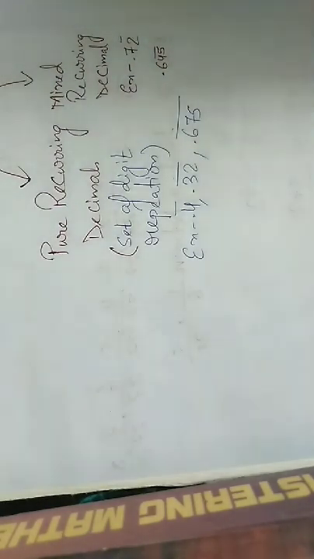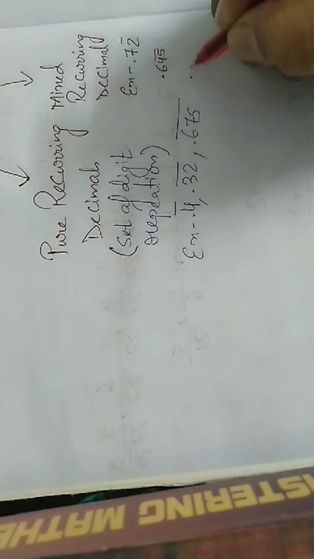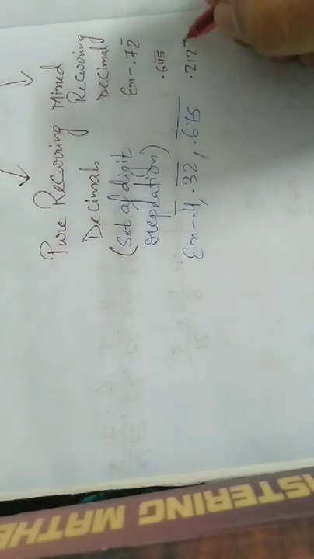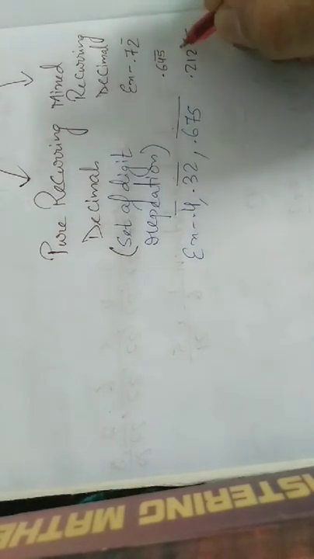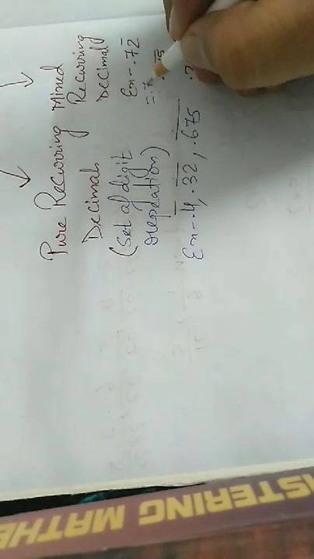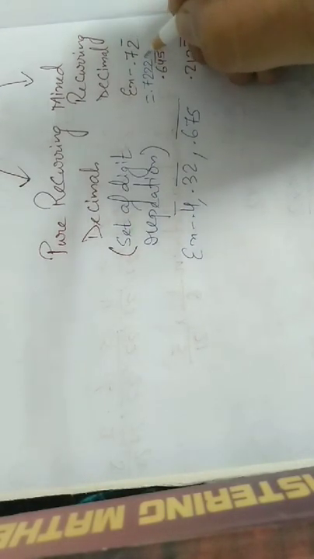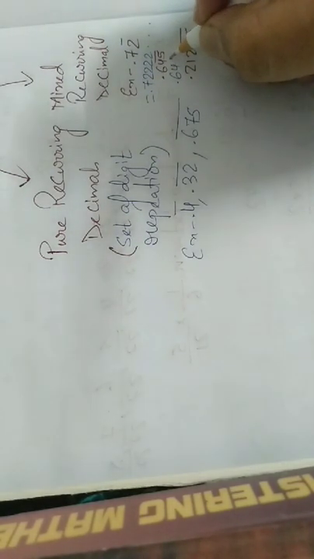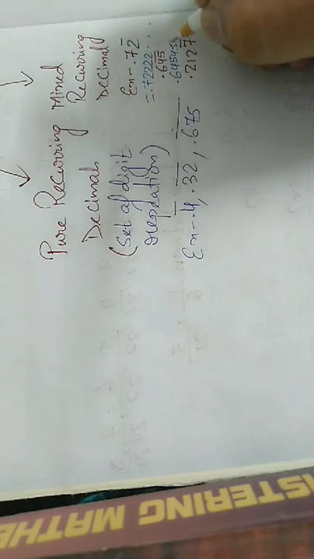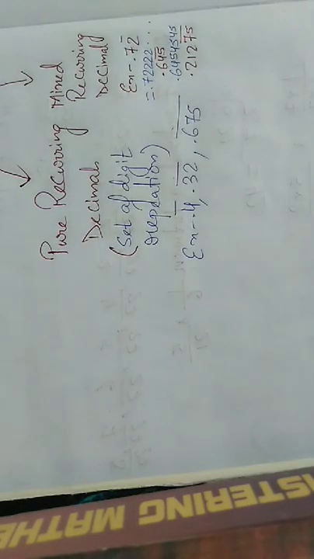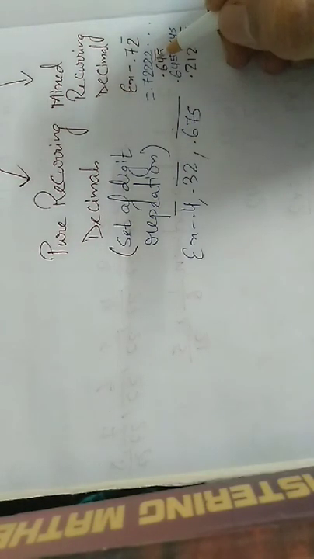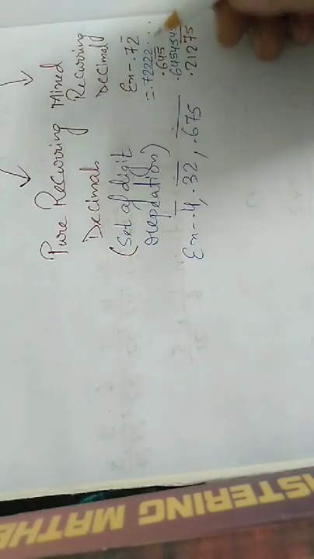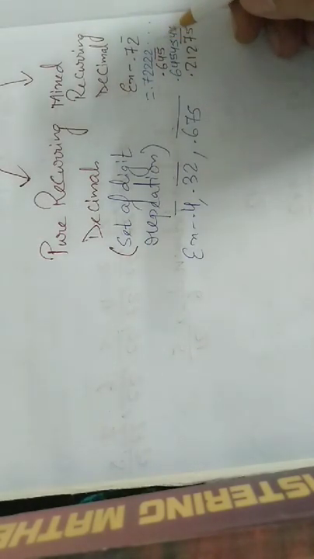One more is 0.212 75, suppose the bar is like this. So what does it mean? It means that this is 0.7, 2, 2, 2, 2, and so on. This means 0.6, 4, 5, 4, 5, 4, 5. So what you need to do is write the repeating part at least two more times, not once.